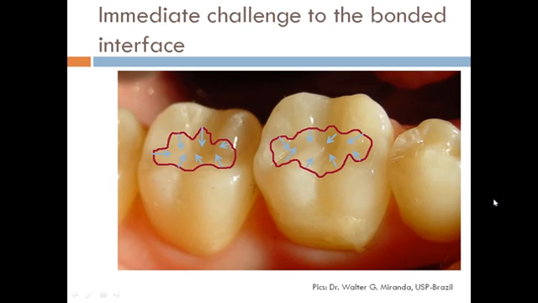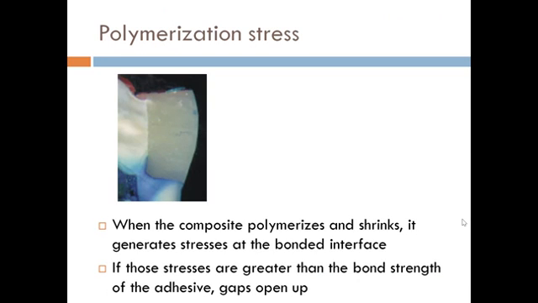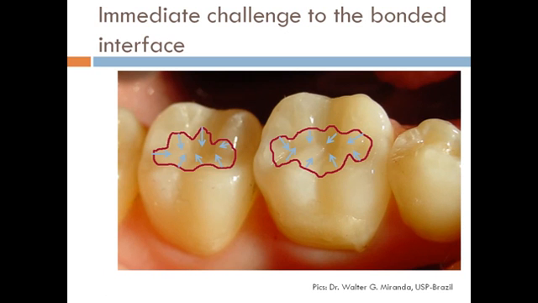So polymerization shrinkage and polymerization stress represent an immediate challenge to the bond interface. What is represented here is a class 1 composite restoration placed on the tooth, and you can see that this is a highly esthetic restoration. You can barely see where the margins of the restoration are.